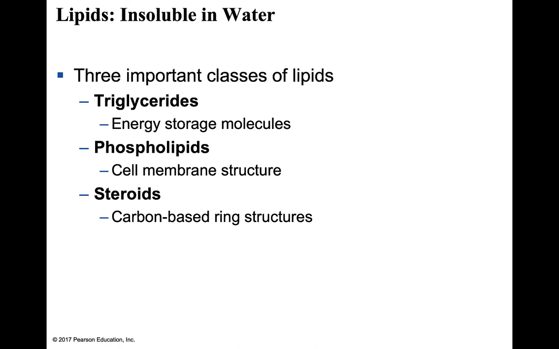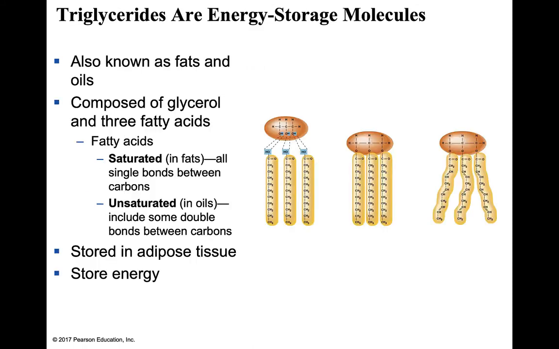Then we have phospholipids, and phospholipids are really critical to the structure of our cell membrane. We'll spend a fair amount of time talking about this in the next chapter. Then we have steroids, and steroids are substances that are basically derived from cholesterol. So those are the big 3 when we're talking about lipids. So triglycerides, phospholipids, and steroids.